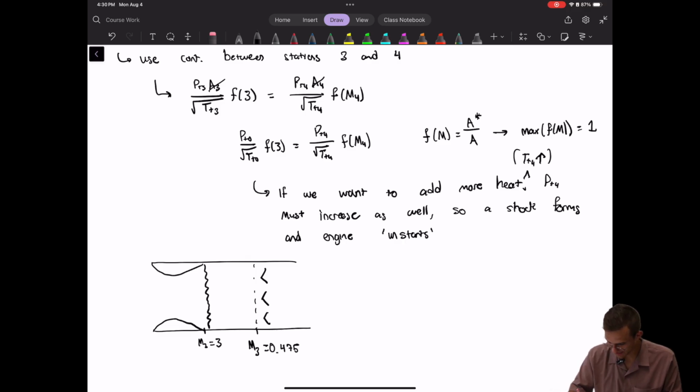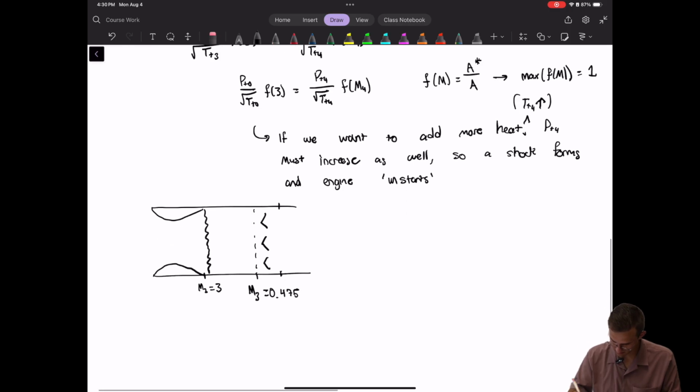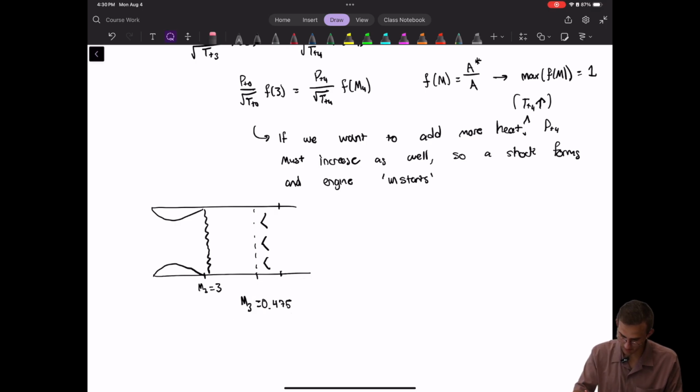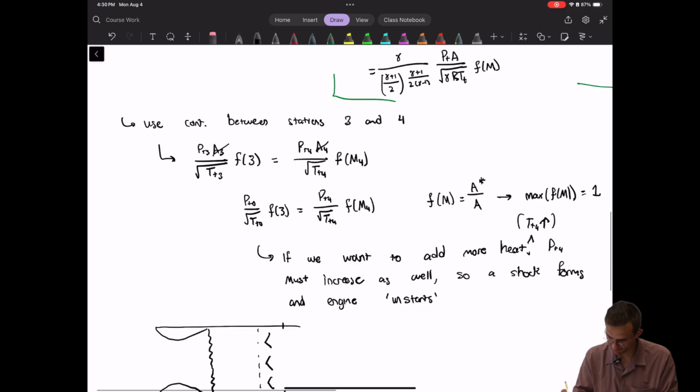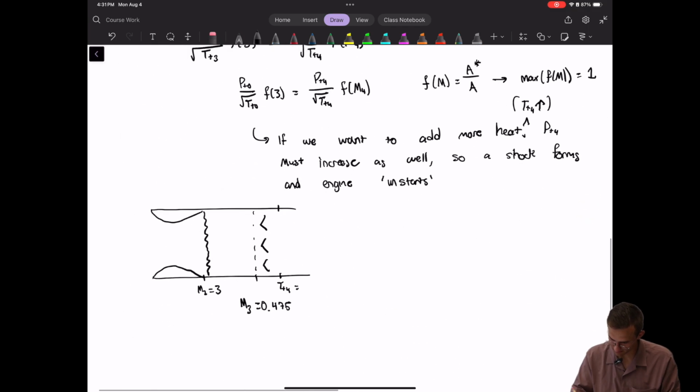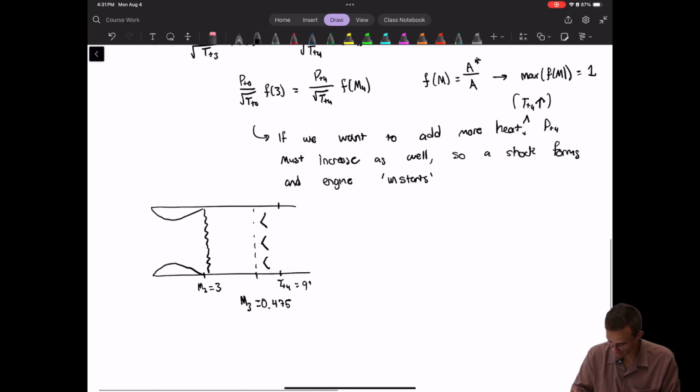And we still have TT4 equal to this same value. We just went beyond that point. So TT4 is the same value that we calculated before, 924.5 Kelvin.